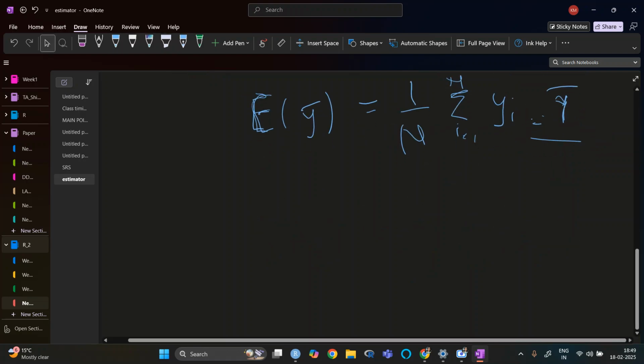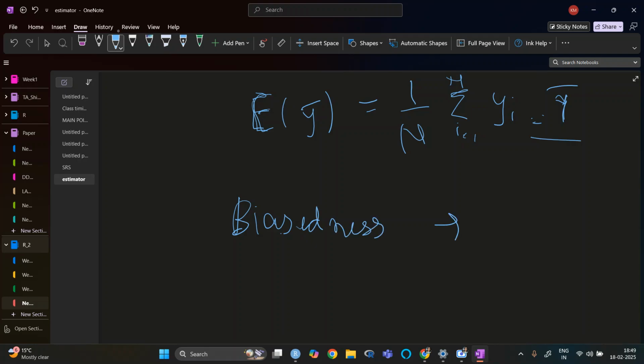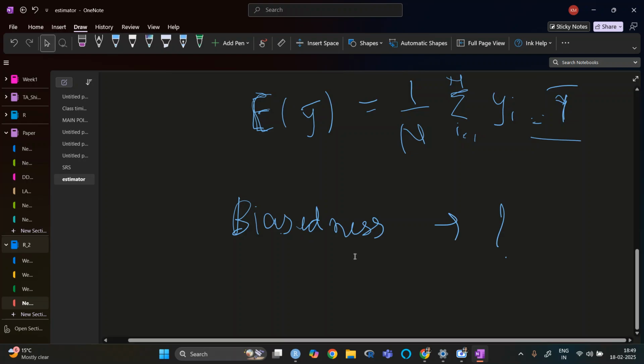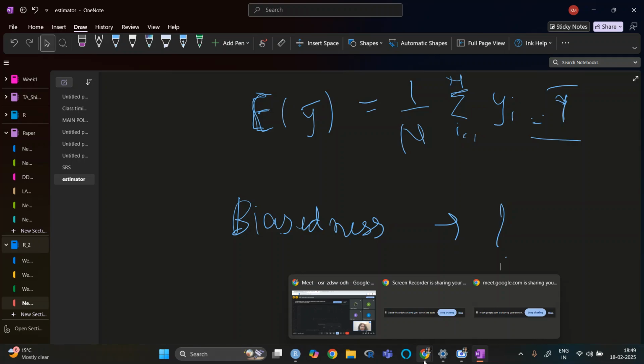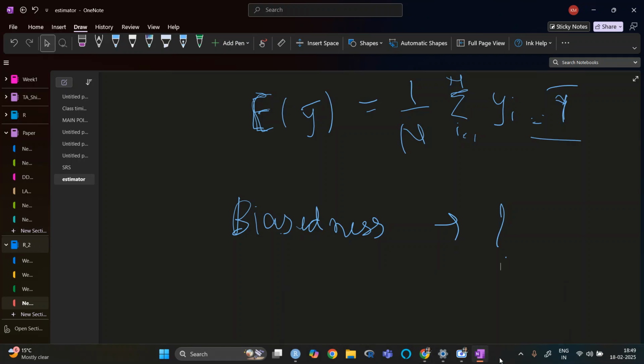So what is the meaning of biasedness? Anyone wants to say? We have seen the example of coins: when the coin is biased, one side will come more than the other, right?